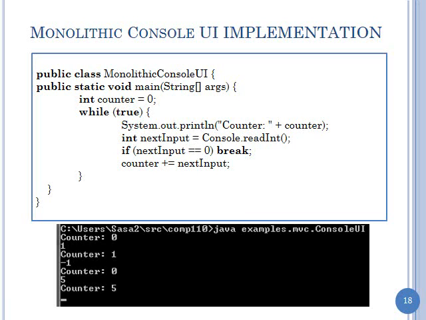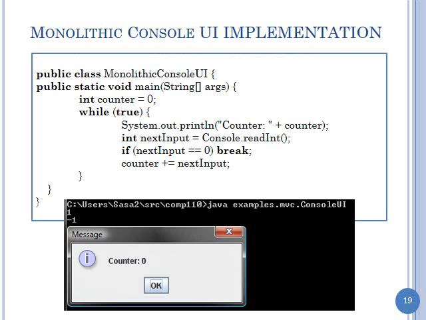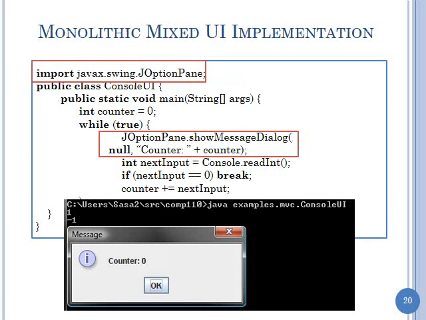And if I want to go to the message thing, all I do is change my print line to some other statement that's conceptually the same. Rather than saying System print line, I say JOptionPane show message dialog, and I have to put this funny argument here, which I've forgotten what this is about.